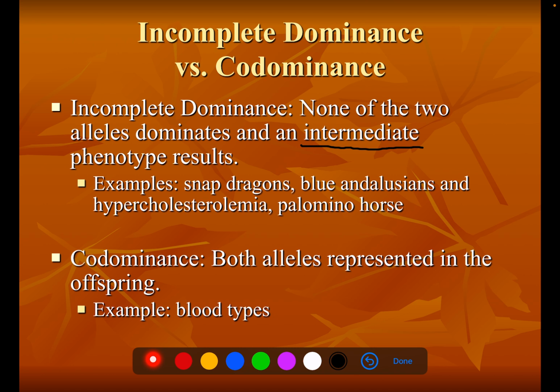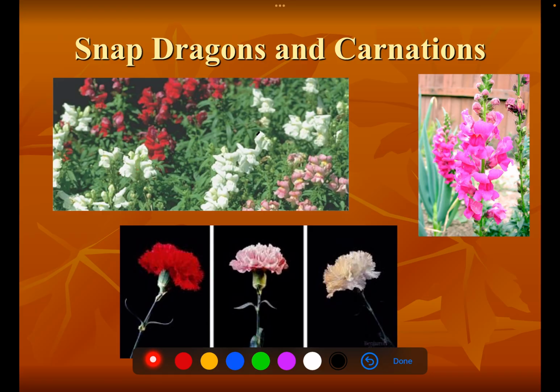Examples in nature would include snapdragons, blue Andalusians, a genetic condition in humans called hypercholesterolemia, and then in the case of another mammal, the palomino horse. So here are examples of snapdragons and carnations, right? These would be the carnations over here, and over here would be the snapdragons.